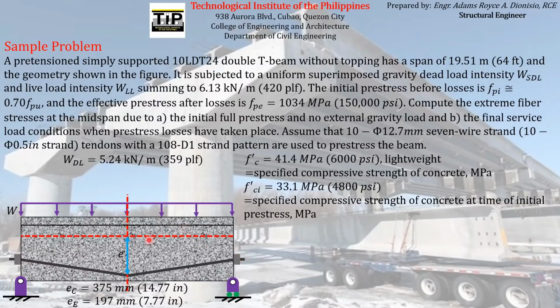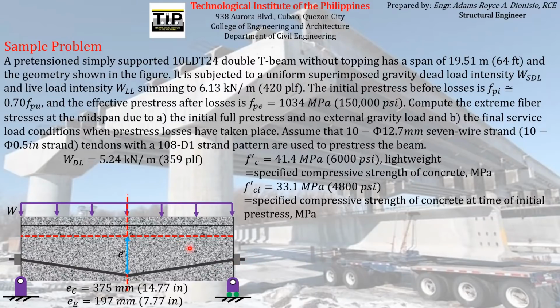So the compressive strength of the concrete element when the pre-stressing force is transferred to it is what we call the FCI prime, the initial compressive strength of concrete at the time of initial pre-stress, or at the time when the pre-stressing force is transferred from the pre-stressing reinforcement to the concrete element.